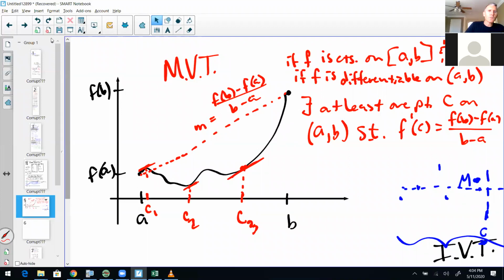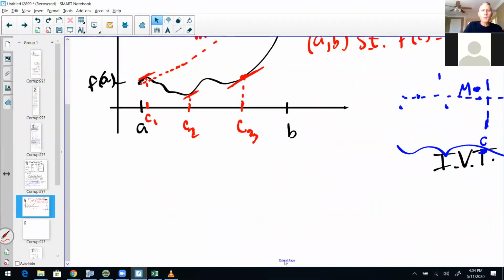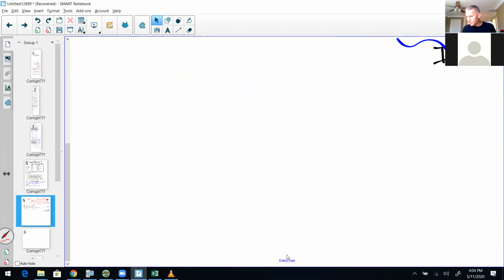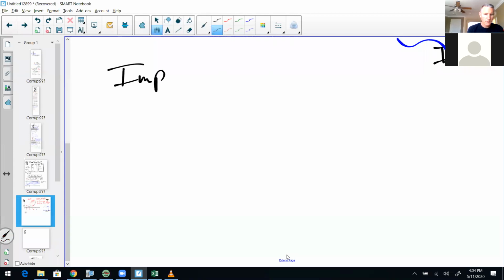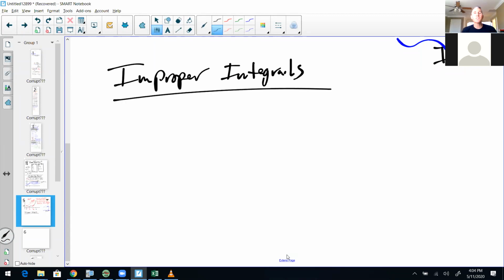Okay, improper integrals. What are improper integrals again? Well, it started out with those problems that I said, like the integral from -1 to 3 of 1 over x dx, right?